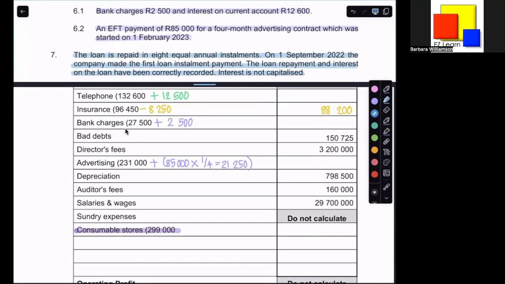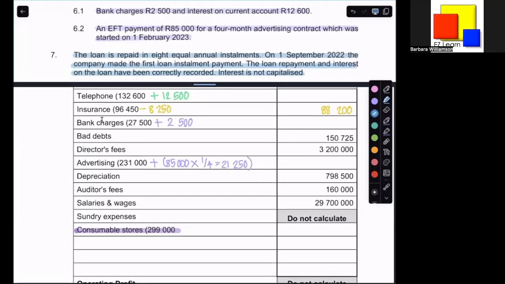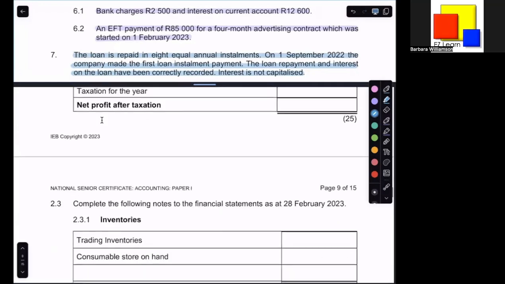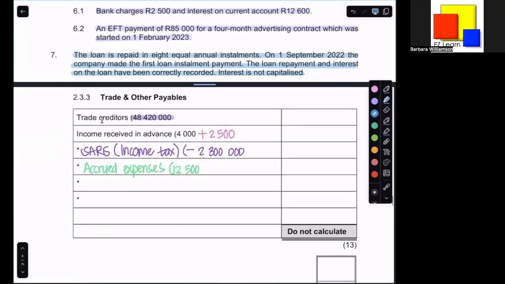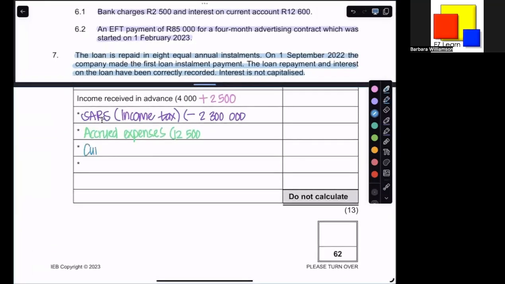So if interest has been done correctly, it means that we don't need to do any adjustment for the interest. We just need to have a look at our 8 equal annual installments, because one of those is going to have to be made in the current coming up year. So that means that we need to go to our trade and other payables, and we will show over here a current portion of loan.